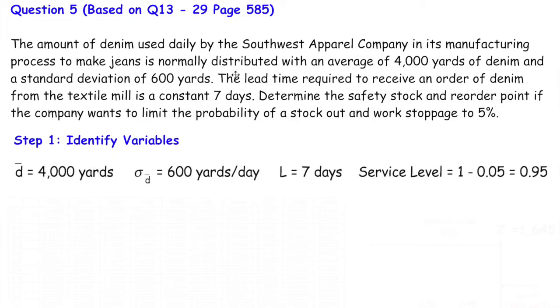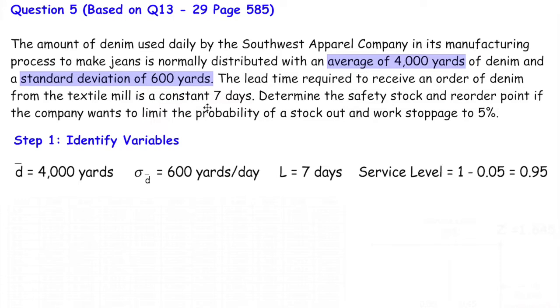So the very first thing that is offered is our average daily demand for denim. We know that on average, each day, we require 4,000 yards, and so D bar is 4,000. The standard deviation of our daily demand is 600 yards, and so sigma D bar is 600.